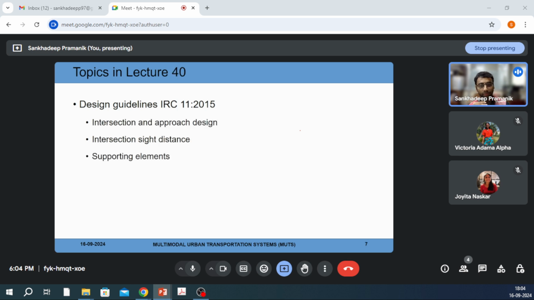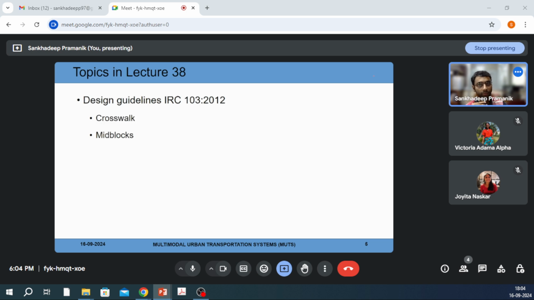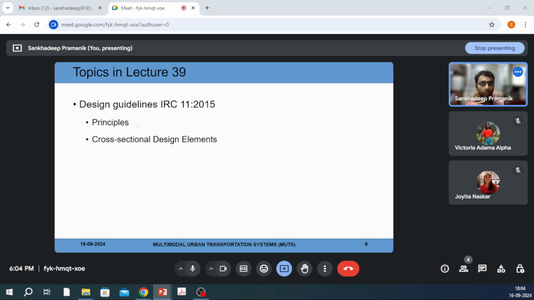This was based on different IRCs, like IRC 2015, and for pedestrian facilities, IRC 103 2012. These were followed during the lectures.